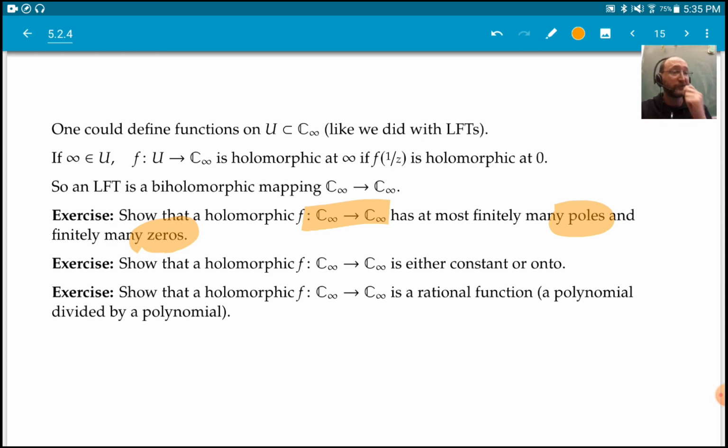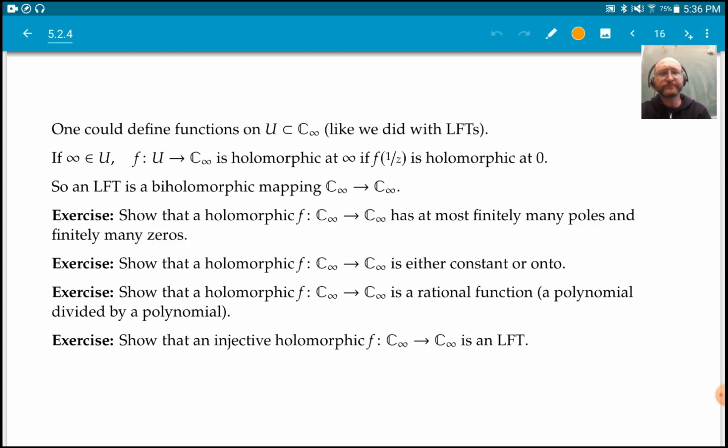That should really give you the rational function. Finally, if it's injective, show that such an f is actually an LFT, meaning we really have the automorphism group of the Riemann sphere.